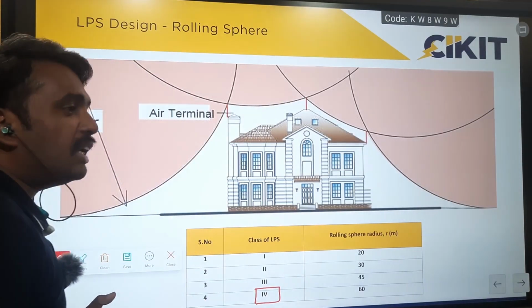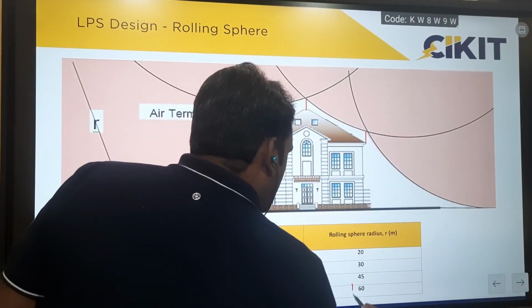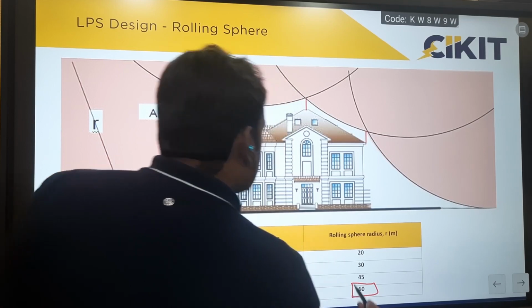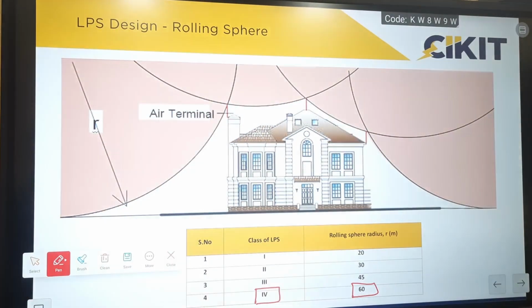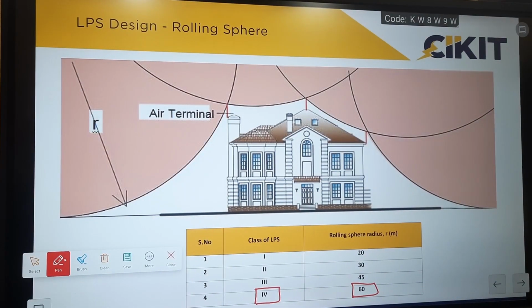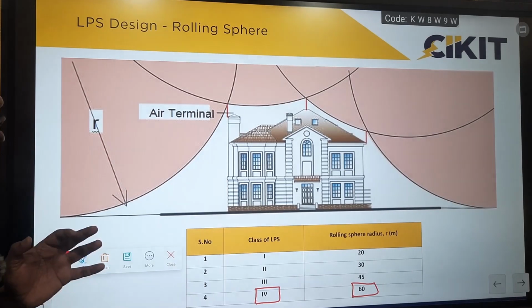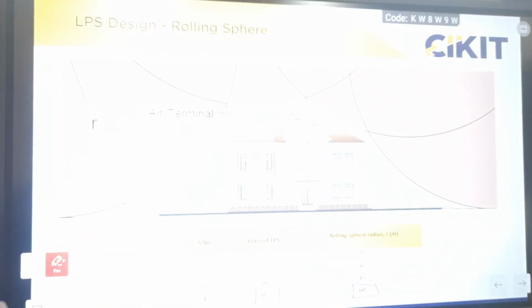For example, for level 4, we roll a giant sphere of radius 60 meters. If you consider the diameter, it will be 120 meters. Such a giant imaginary sphere is rolled over the structure to be protected.